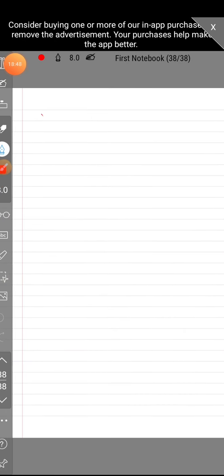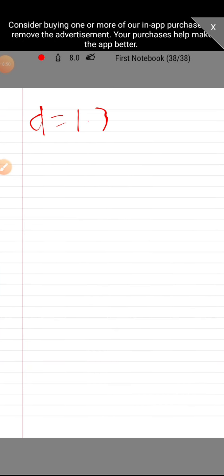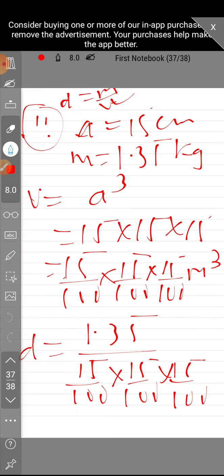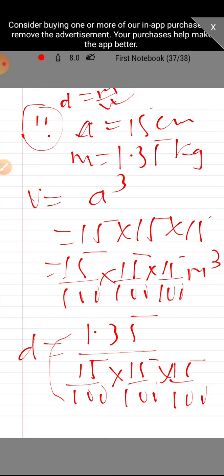So now we have density is equals to 1.35, and this 100 will come in the numerator.